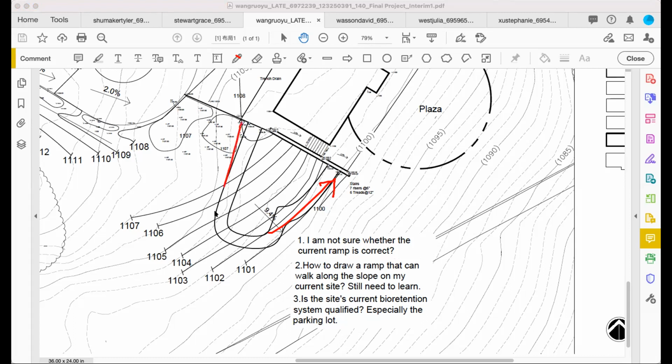But if I have an angle of my ramp to the contours, it will be much easier for me because there was originally a slope along that ramp. So I would first use that principle: let's have at least some angle for your existing contours to intersect with the ramp direction.